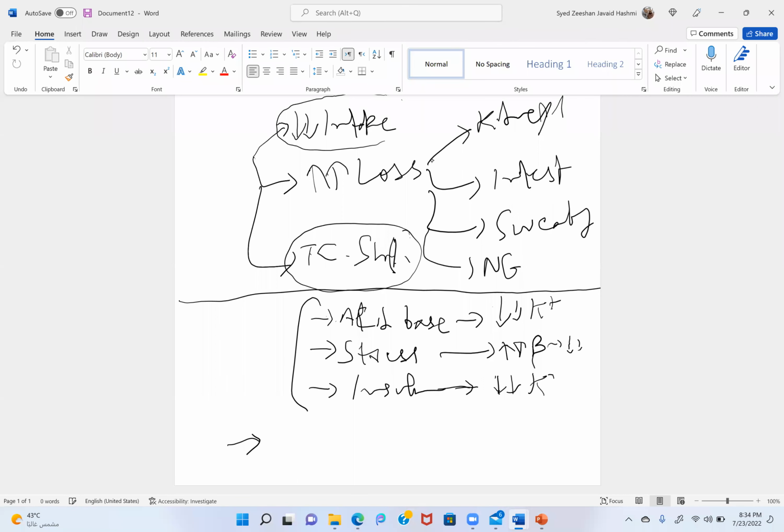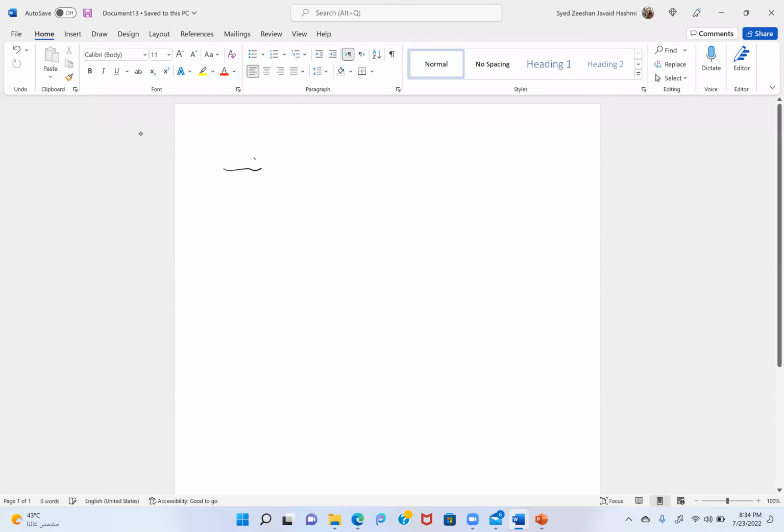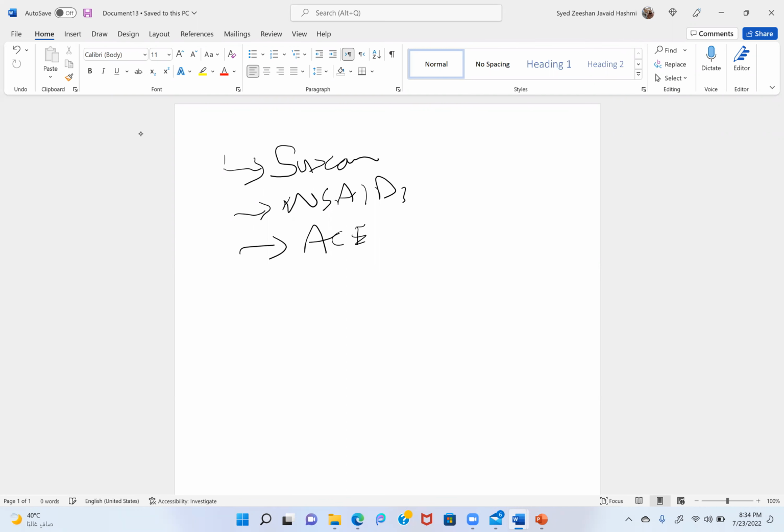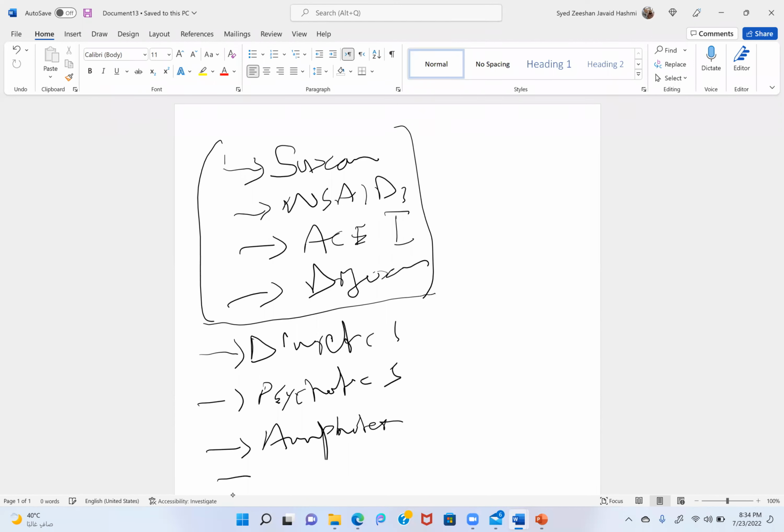Somebody asked me a question related to medication, so I will cover some medications which can cause changes in potassium. We discussed succinylcholine, NSAIDs, ACE inhibitors, and digoxin toxicity. These are usually the drugs which can cause hyperkalemia. For hypokalemia: diuretics, some antipsychotics, the antifungal amphotericin, and heroin poisoning.